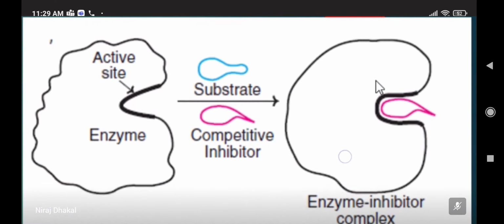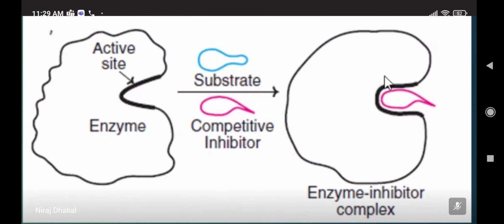But here, if we increase the concentration of substrate, the substrate will easily displace this inhibitor and itself get inserted inside the active site. So now the inhibition can be reversed. So that is the competitive reversible inhibition.